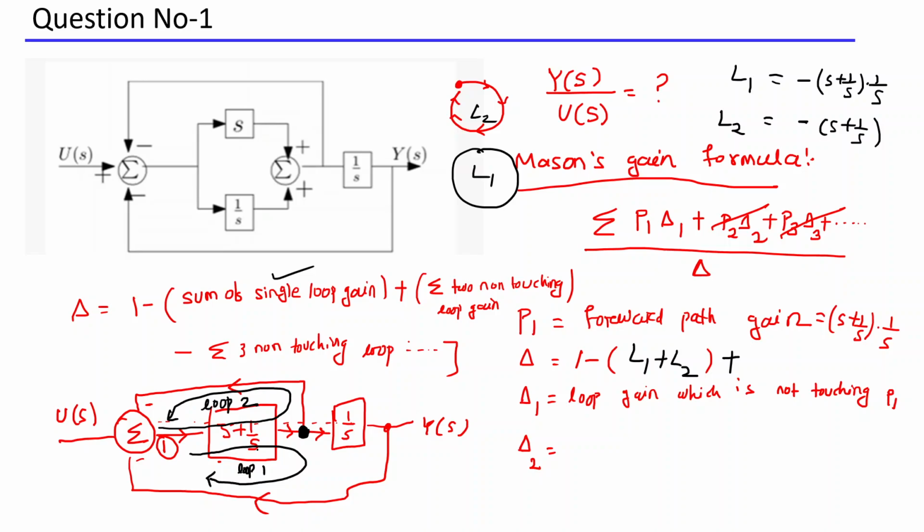So in this problem, L1 and L2 are touching each other. That's why this part is 0, and the rest of the part is also 0 because there are only two loops, so three loops do not exist. So what is there in the denominator? You can write down, this is the value of delta.